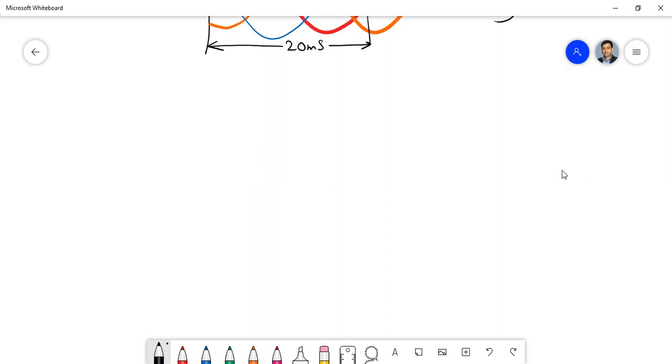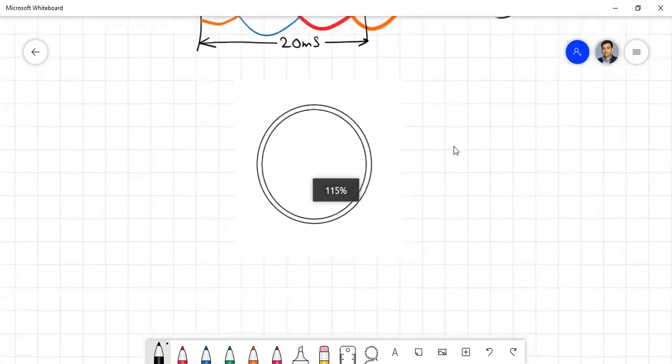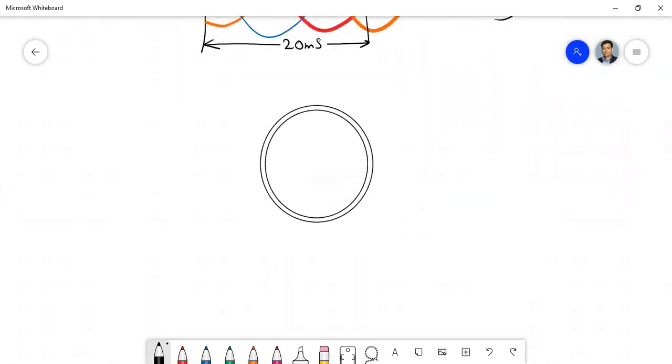But the three coils or windings which we have pointed out will be in the stator. Okay, so let me draw the stator. Suppose this is the stator. Now here we should have three coils or three windings. How should the windings be placed on this periphery? Now suppose we have the red phase here like this.